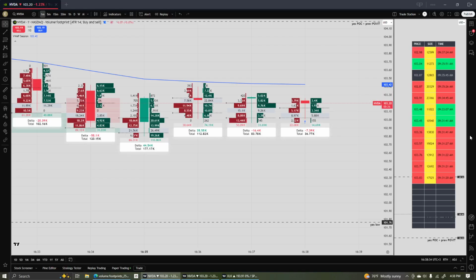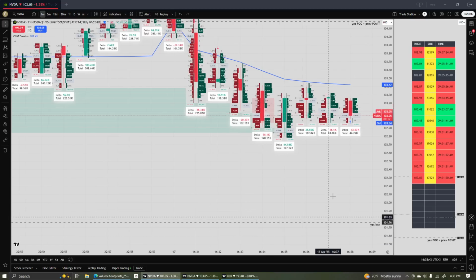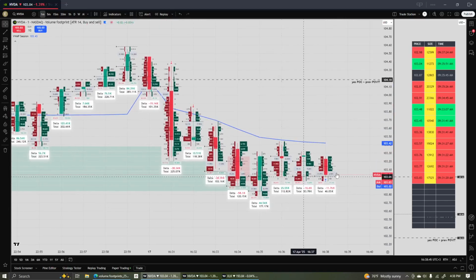The question is, what direction will the stock take? I'm seeing buying in a buyer zone. Let's ignore the VWAP for a moment. I'm seeing buyers where I expect to see buyers at 103. I'm not surprised by it.